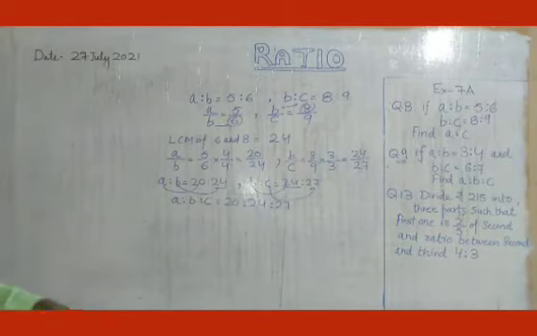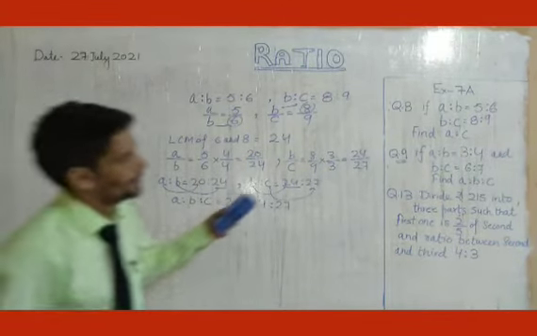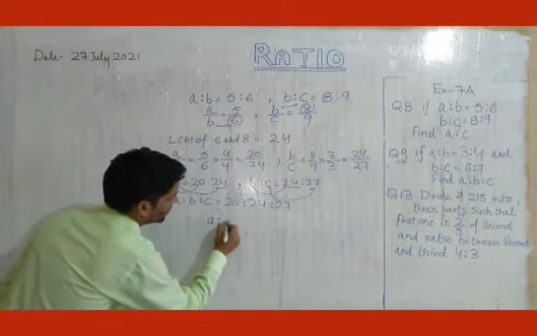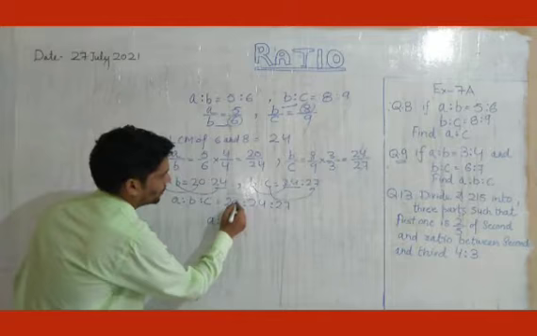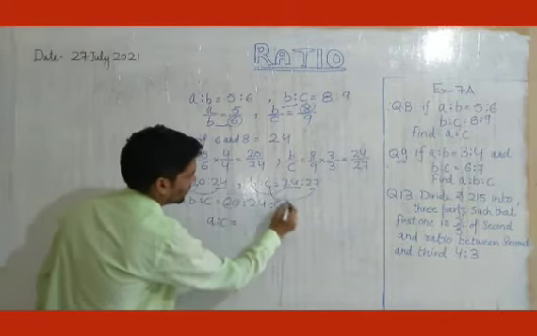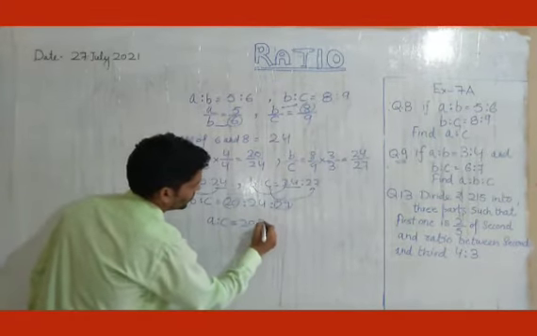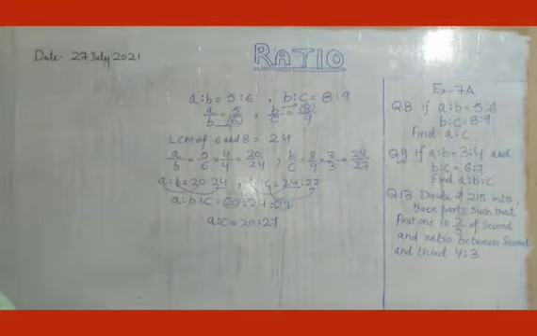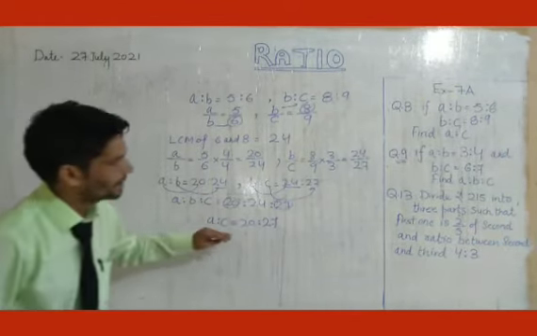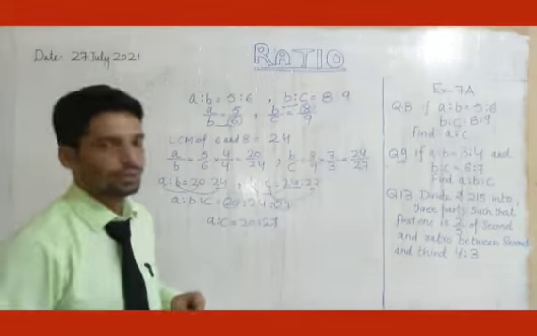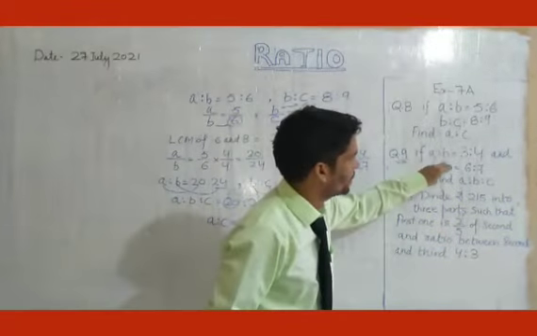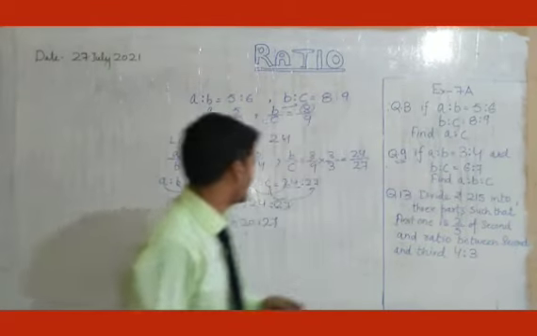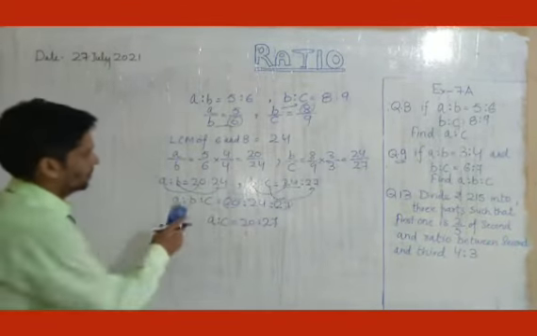Now we have to calculate the ratio between A and C. A is 20 and C is 27, so A ratio C is 20 ratio 27. This is the ratio between A and C. Okay, so let us start the next question.